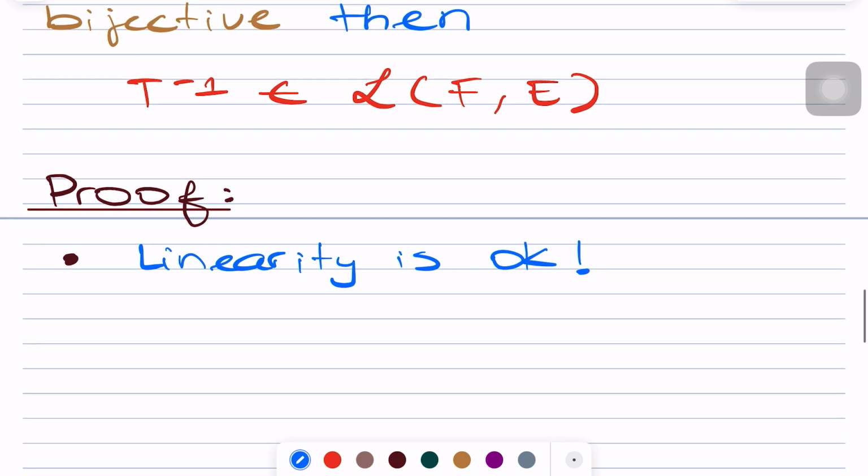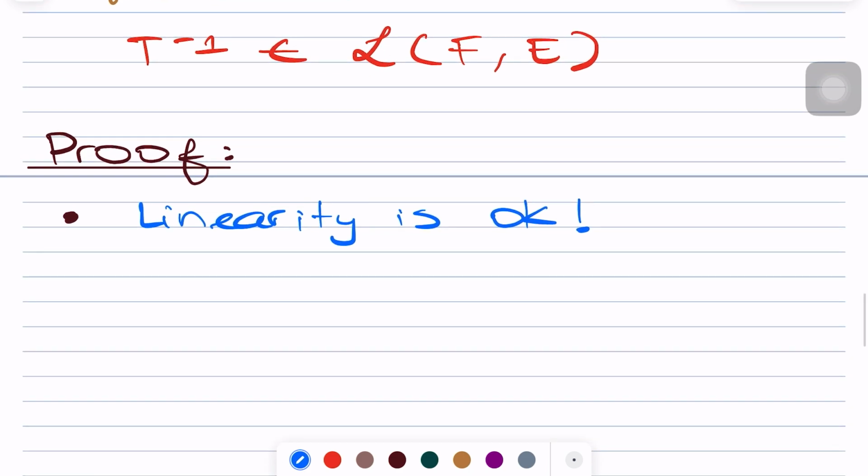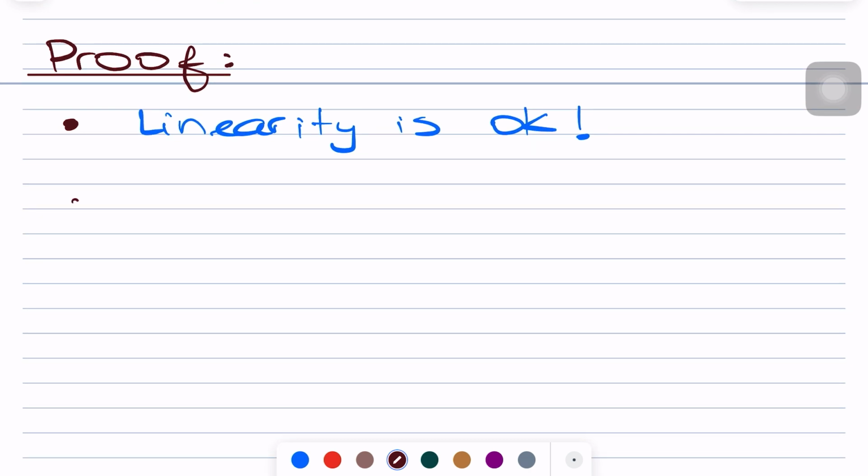So let's rather prove the continuity of T minus 1. So just to be clear, the continuity is what we are about to prove.